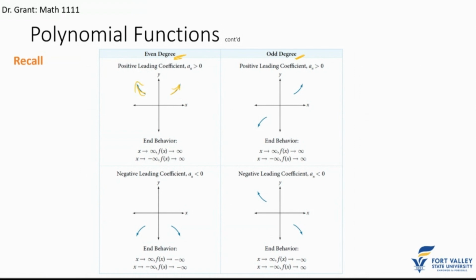If you have an even degree and a positive leading coefficient, then both endpoints, or end behavior, of this graph are going to be facing upwards. If we have a negative coefficient and an even degree, both sides are going to go down.